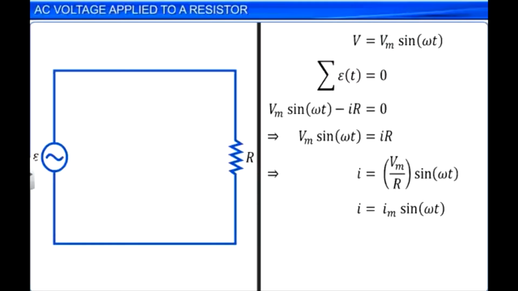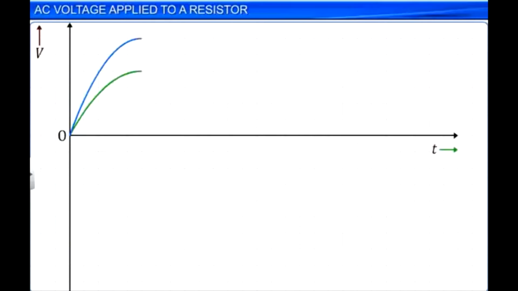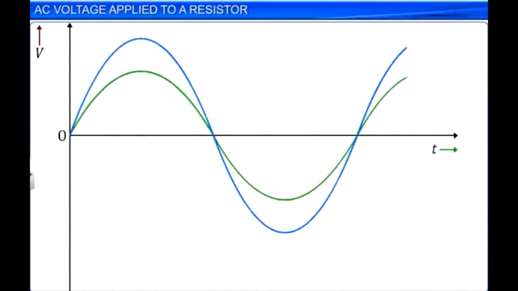Here, Im is the amplitude of the current denoted by the fraction Vm by R.